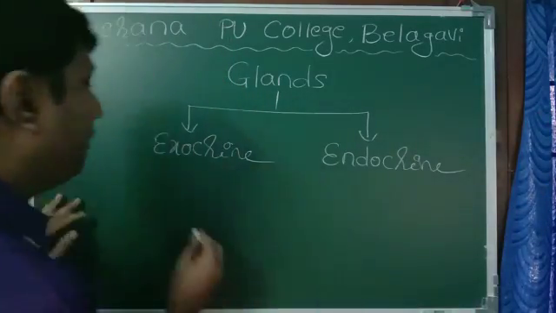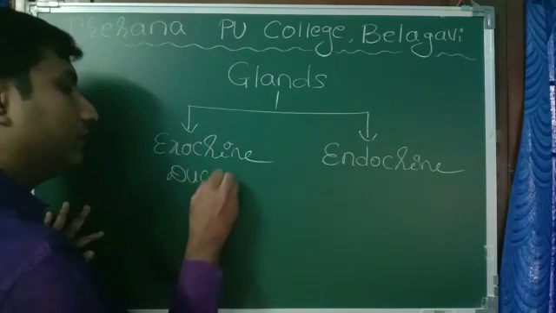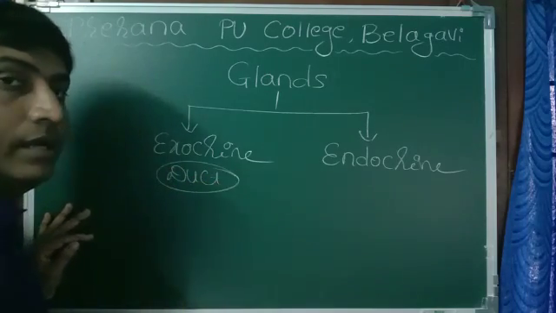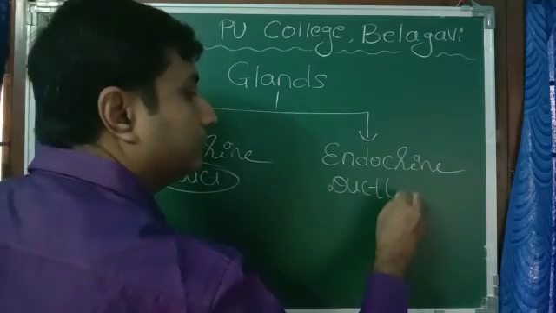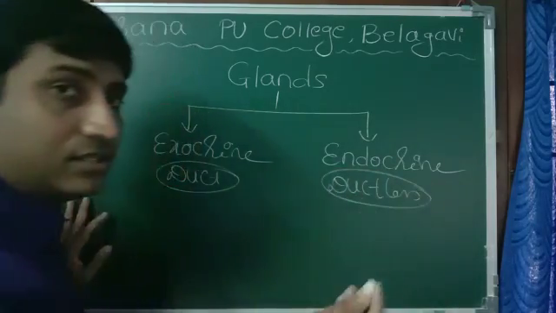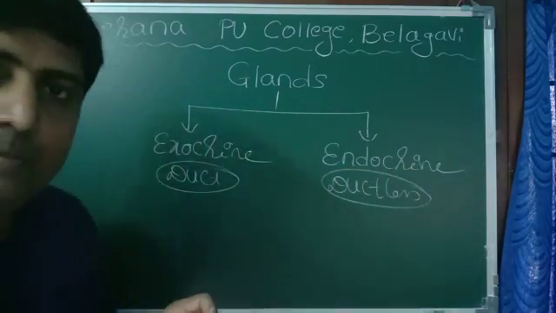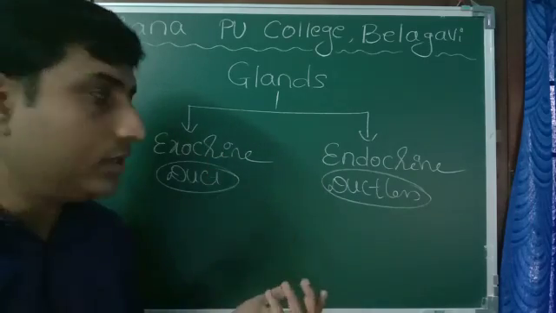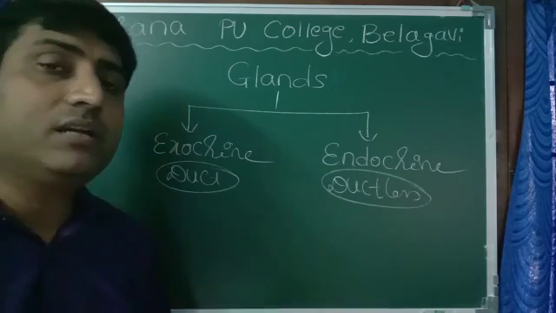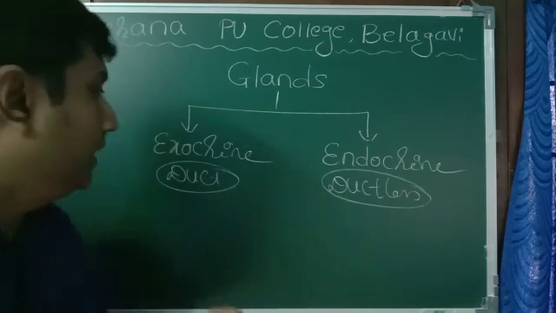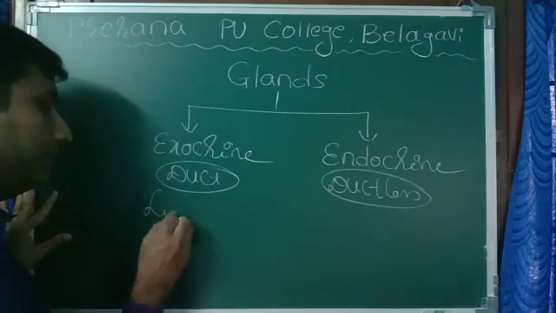Exocrine glands are commonly called glands with duct. Endocrine glands are without duct, ductless glands. Now what is a duct? A duct is a tube or pipe. If the tube is present, it is exocrine. If it is not present, endocrine. The largest gland in our body is the liver, an example of an exocrine gland.